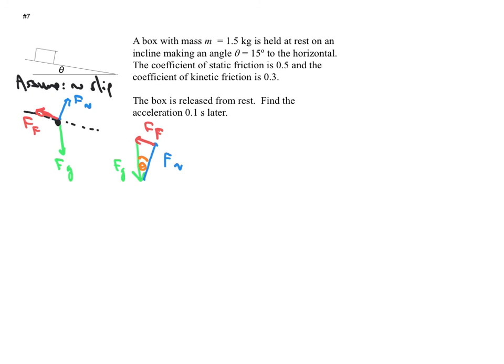And the Ff that we need is going to be, well, we might say something like the sine of theta is the opposite over the hypotenuse. So that's the frictional force over the weight. So the frictional force would have to be the weight times sine of the angle.